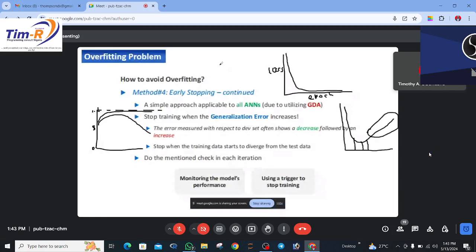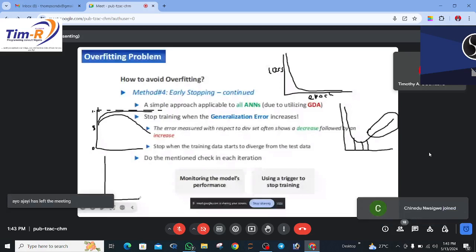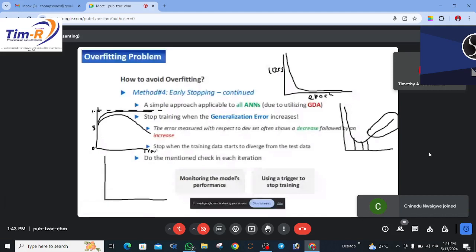Now, another one is this again. Let's say, for example, there's a plot when we are training our model. We have the train and validation, something we call training and validation.